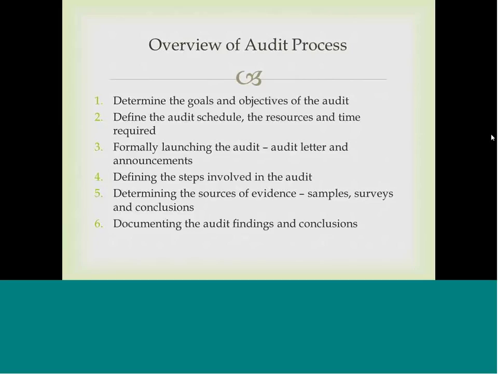Step 5 includes determining the sources of evidence, the samples, the surveys, and ultimately drawing conclusions. And step 6 involves... Step 2 is to define the audit schedule, the resources that will be required, and the time that's required. Step 3 is formally launching the audit. Usually an audit begins with what's called an audit letter and announcements that the audit is about to begin.